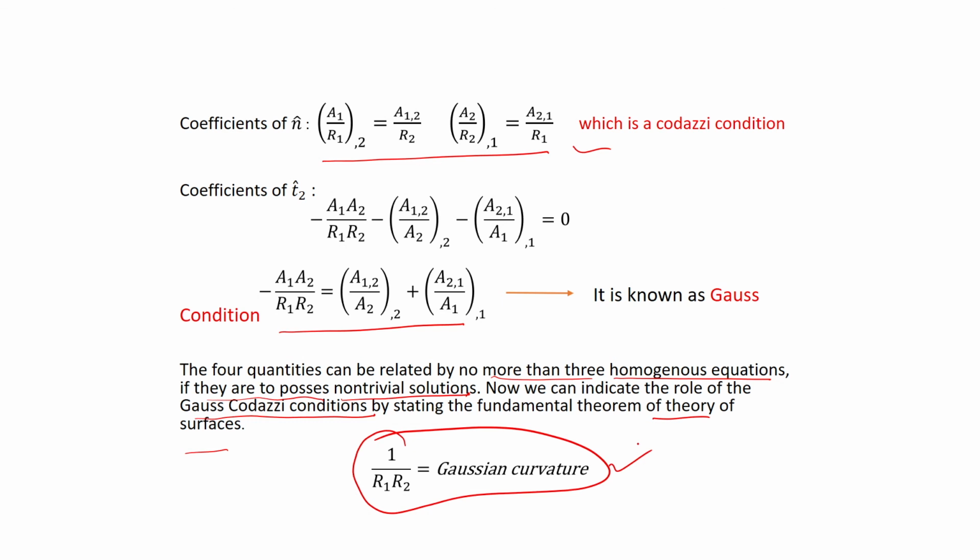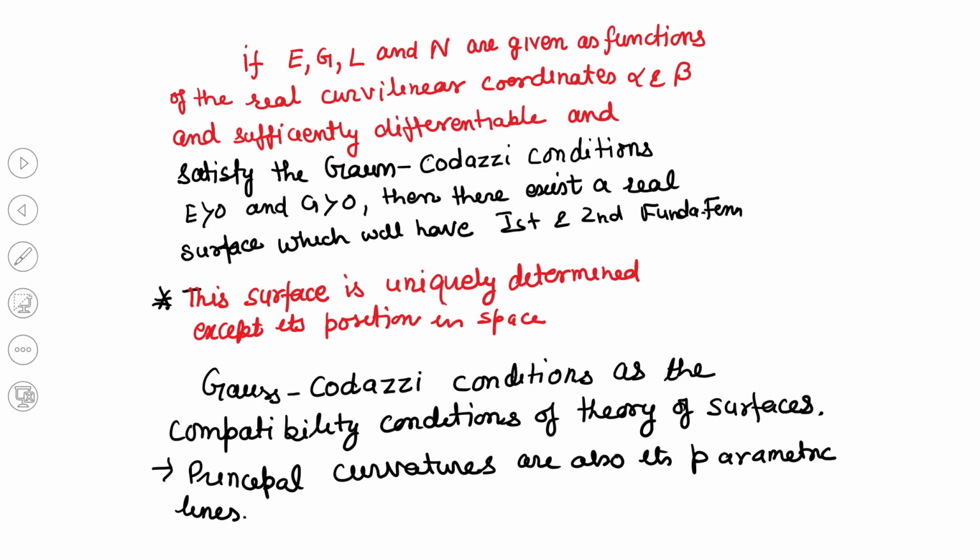So, now we know that these Gauss conditions and Cauchy conditions are very important. Now, E, G, L and N: E and G come from the first fundamental form, L and N come from the second fundamental form.